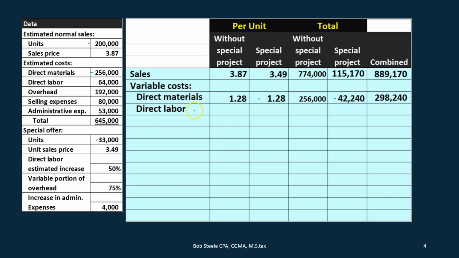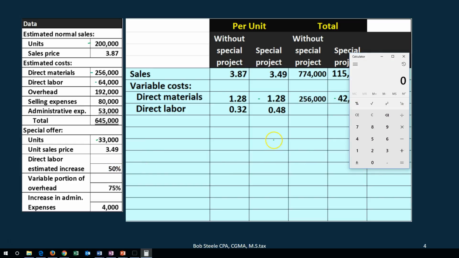And then we have the direct labor. Similar analysis. We're going to say, all right, we got 64,000 of total. We produced 200,000 of them. It's a variable cost. Therefore, if we divide that out, the 64,000 divided by 200,000, we get the 32 cents. And now we're going to say that that's changed because of overtime. We said it's going to go up by 50%. A couple ways we can calculate that.